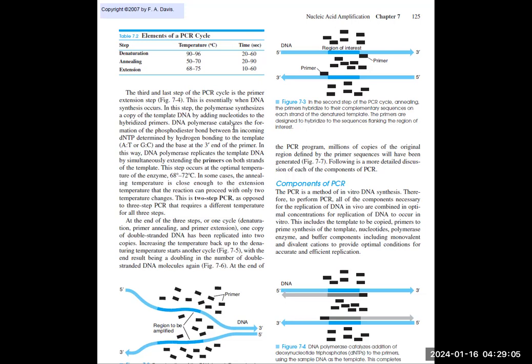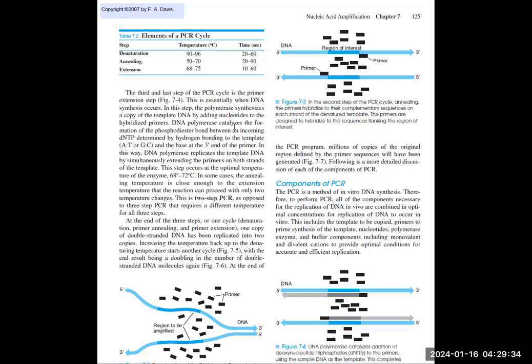Okay, so essentially, this is similar to DNA replication or DNA synthesis, as what I have mentioned in the past few minutes. So in this step, our polymerase synthesizes a copy of the template DNA by adding the nucleotides to our already hybridized primers, because these primers were able to anneal already.